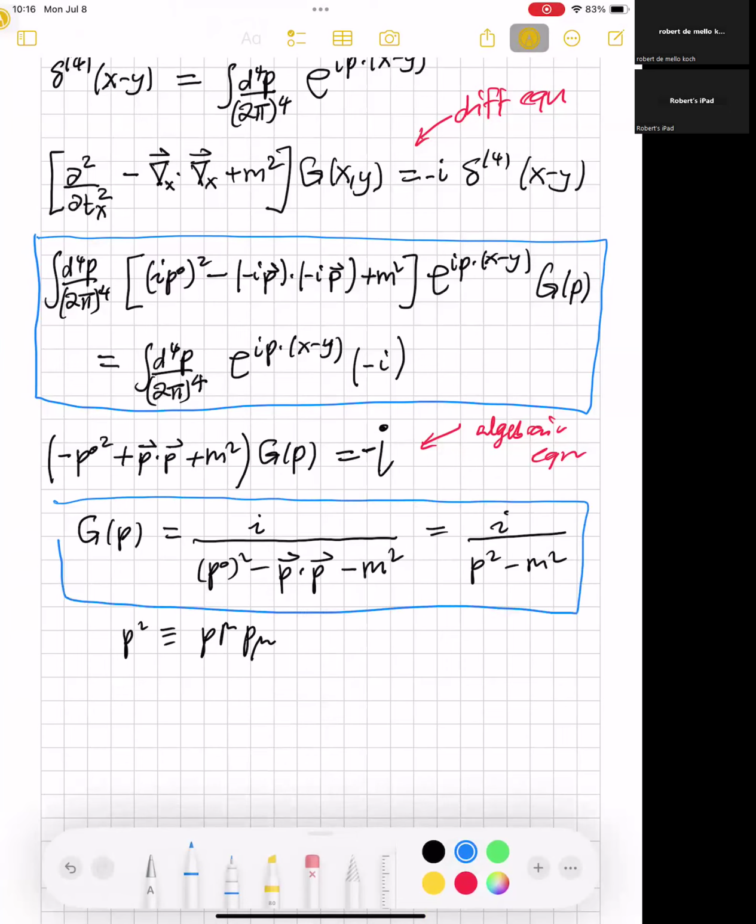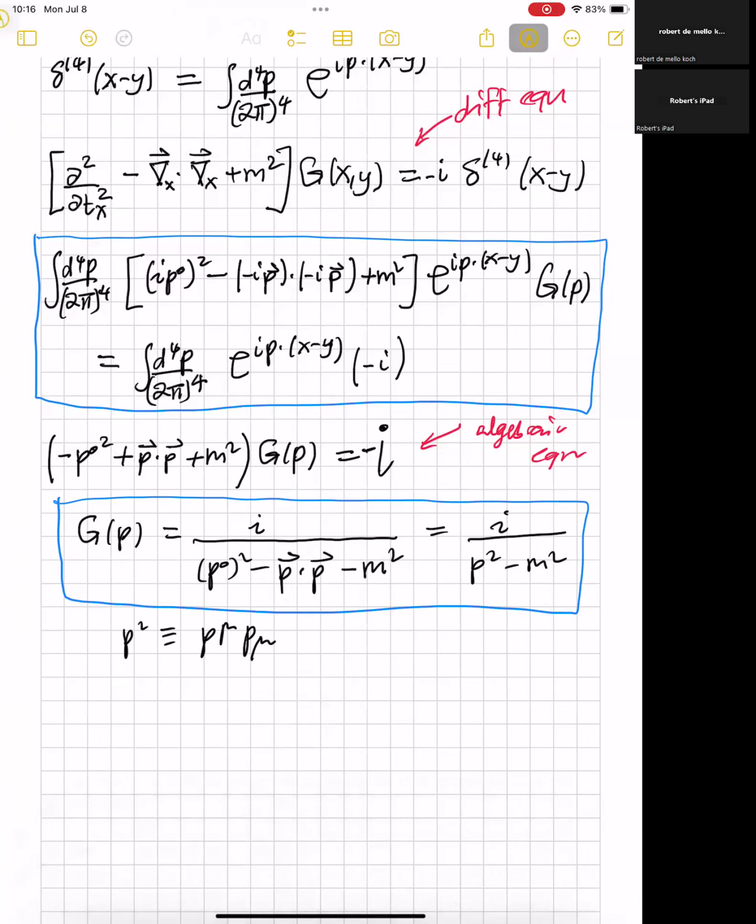And so now we can write down what is g of x comma y. So let's do that. g of x comma y is equal to an integral d4p over 2 pi to the 4, i over p squared minus m squared.